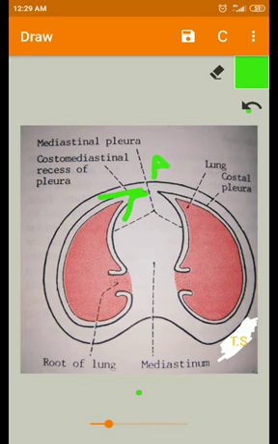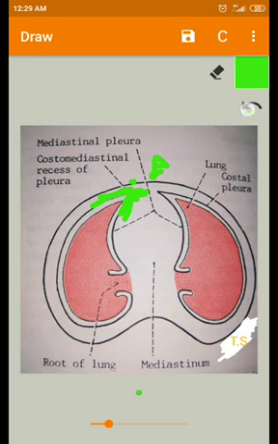The costomediastinal recess lies anteriorly behind the sternum. Here you will have the sternum, behind the sternum and the costal cartilages, between the costal and mediastinal pleura, particularly in relation to the cardiac notch.